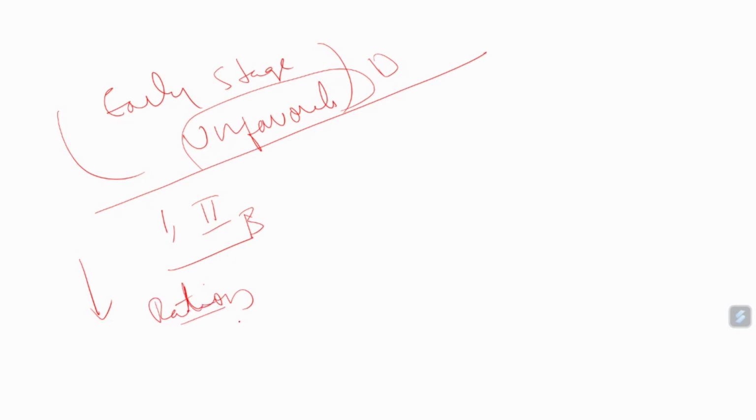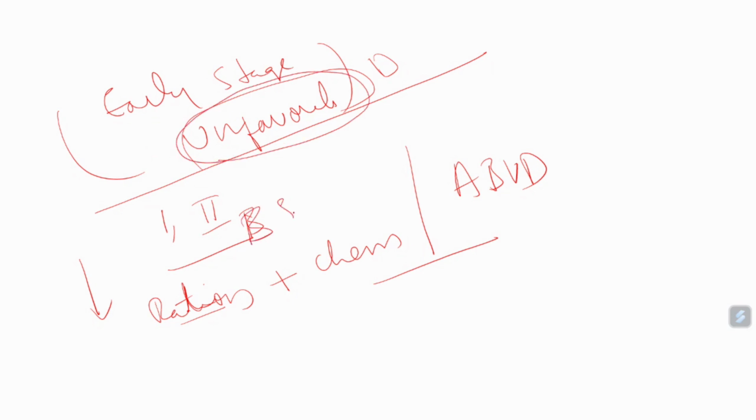That's why it is always given as radiation therapy plus chemotherapy. In early stage unfavorable condition we have the ABVD regimen. In early stage favorable condition we have ABVD, and in unfavorable condition also ABVD. So this is very similar, but remember that in the unfavorable condition the patient has symptoms. B means symptoms; in the previous slide I already explained.